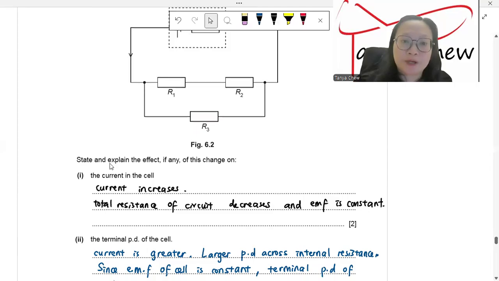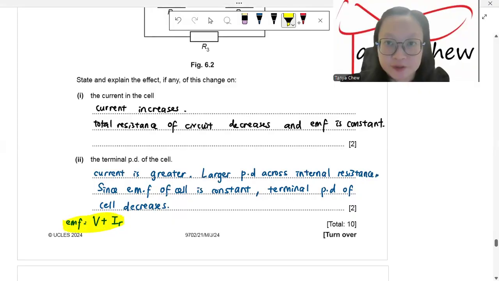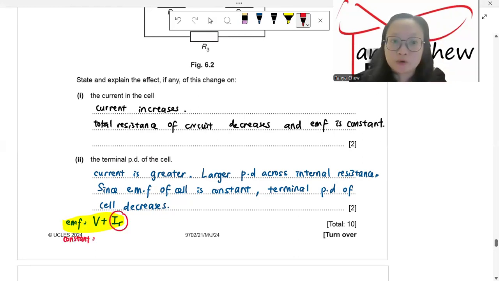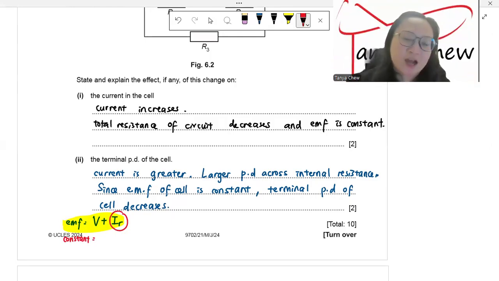Now, what about the terminal PD of the cell? You have to use this equation. EMF is equal to terminal PD plus the PD across the internal resistance. Since the EMF is constant, and since the current increases, the PD across the internal resistance will also increase.